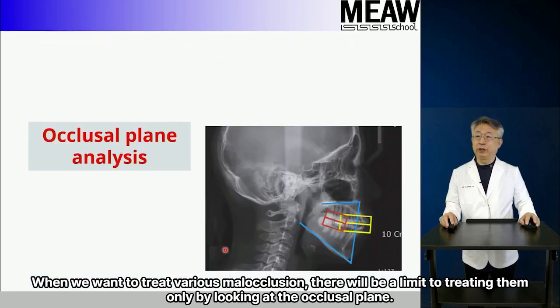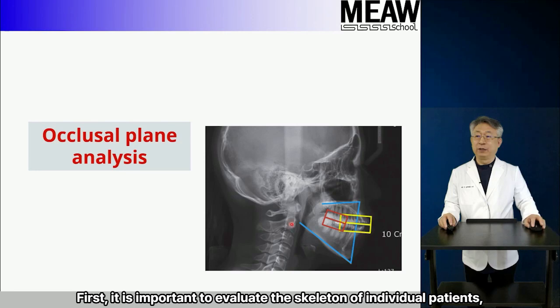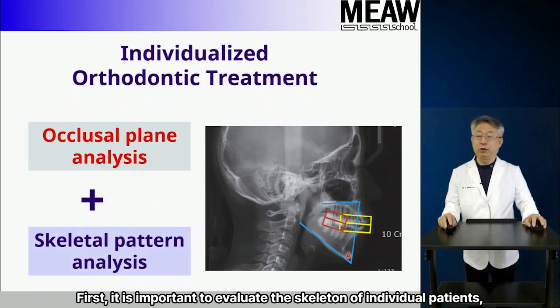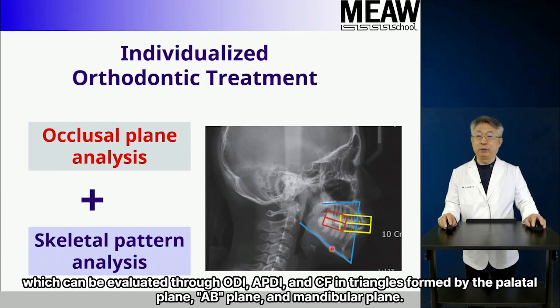When we want to treat various malocclusions, there will be a limit to treating them only by looking at the occlusal plane. First, it is important to evaluate the skeleton of individual patients, which can be evaluated through ODI, APDI, and CF in triangles formed by the palatal plane, AB plane and mandibular plane.